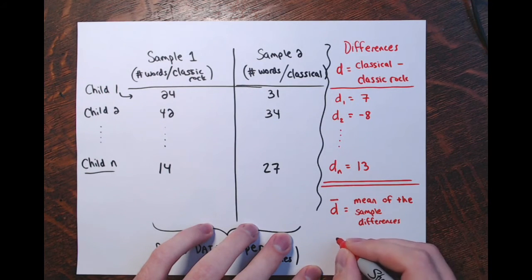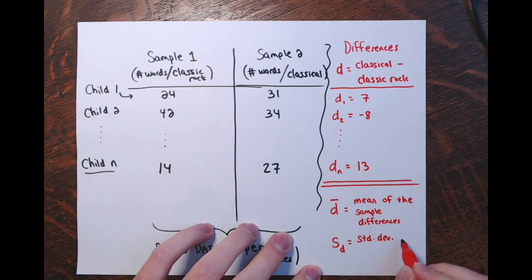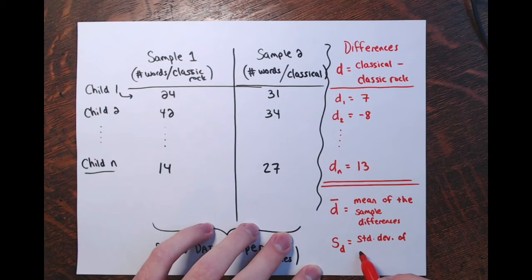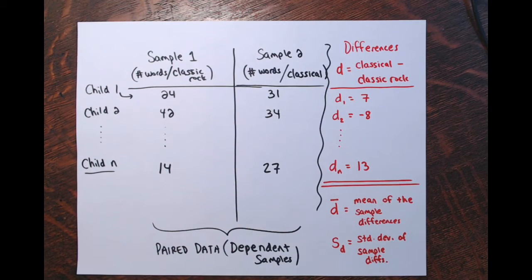And you're also going to need to know S sub D. Remember, little s was the standard deviation of a sample. This S sub D is the standard deviation of these n sample differences.